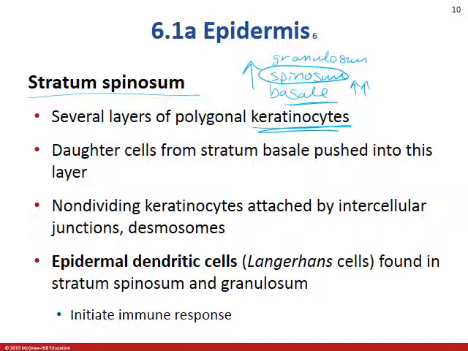We're pushing cells up to the top. This is also where we're going to find dendritic cells. These are going to basically initiate immune response. So usually we think of dendritic cells as macrophages. They're kind of guarding the lower strata of the epidermis so that items can't get into the dermis where they have a direct blood supply.